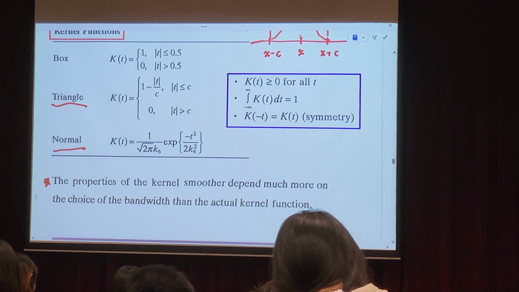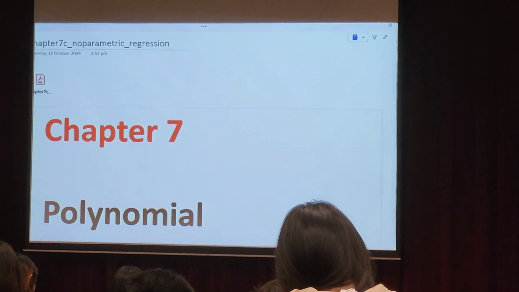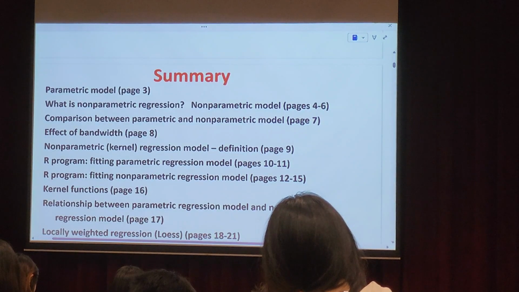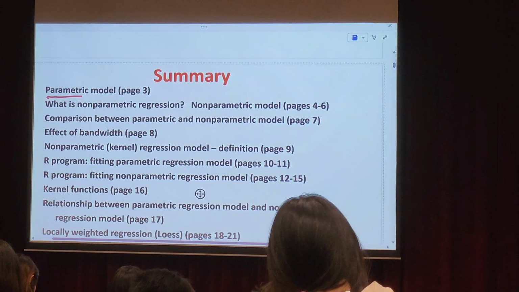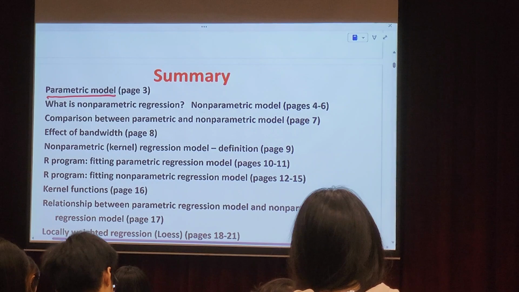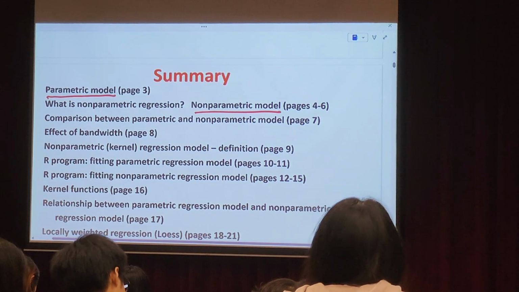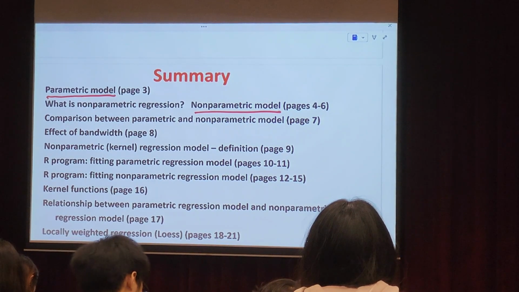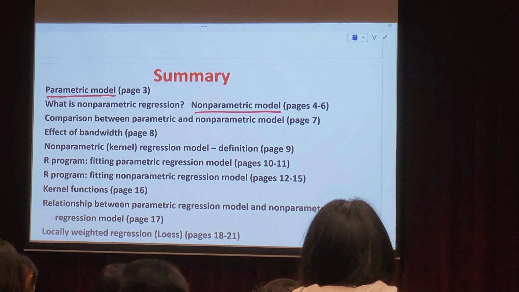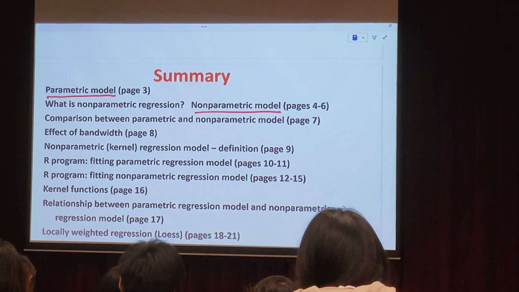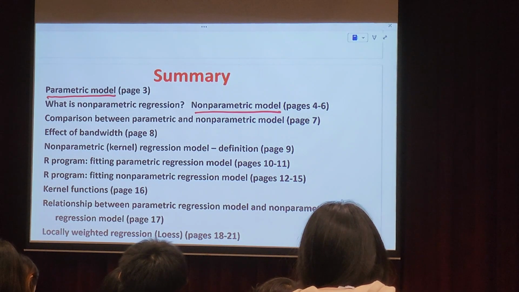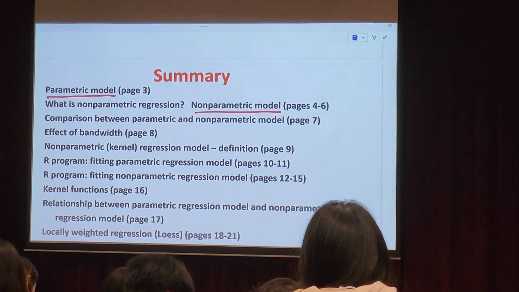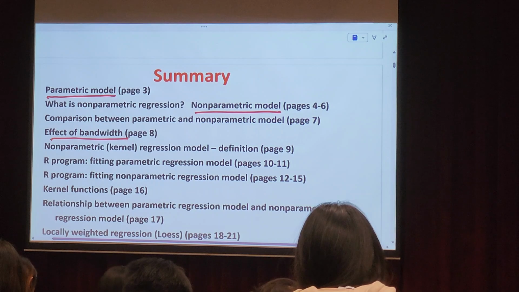So in today's lecture, second part of it, I have described what is a parametric model, what is a non-parametric model. There's no model to describe it. Non-parametric tends to follow the data. It is completely controlled by the data, in a way. Parametric is just a smooth curve. The effect of bandwidth, I've talked about it.